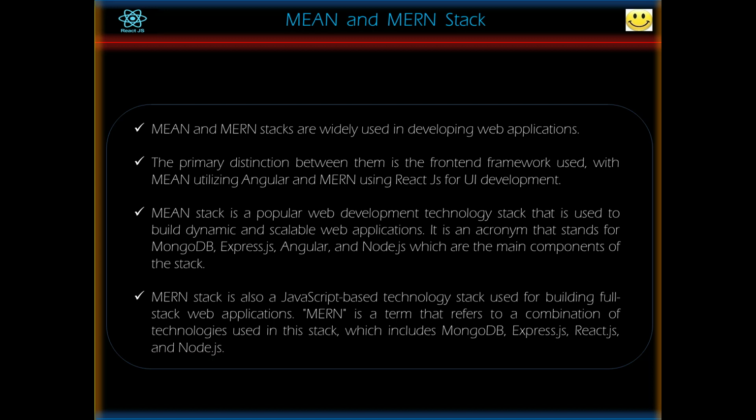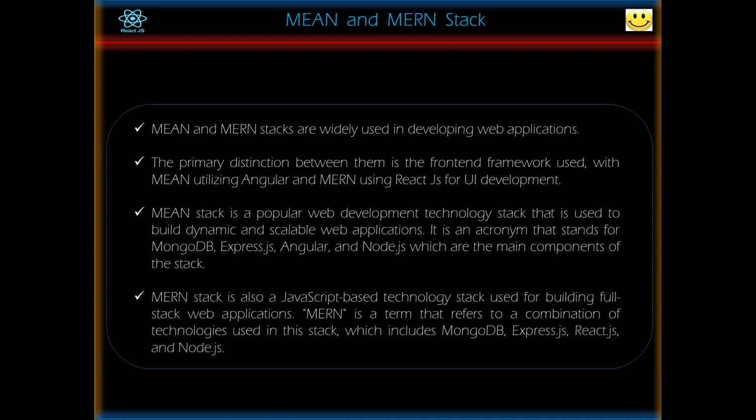MEAN stack is a popular web development technology stack that is used to build dynamic and scalable web applications. It is an acronym that stands for MongoDB, Express.js, Angular, and Node.js, which are the main components of this stack.